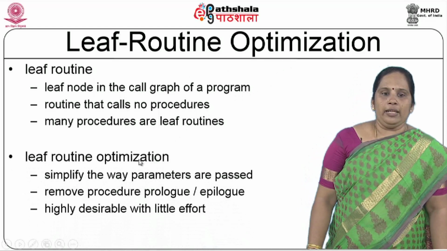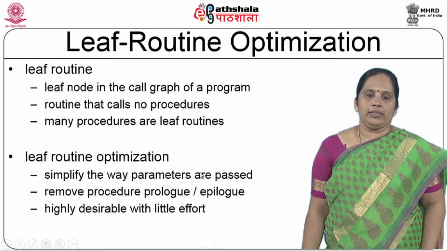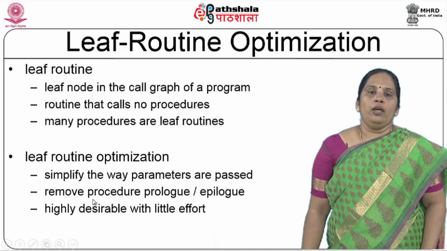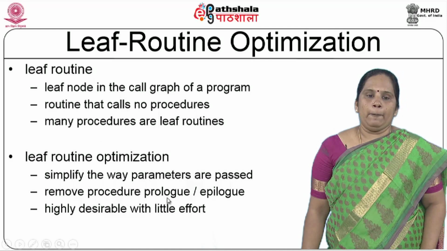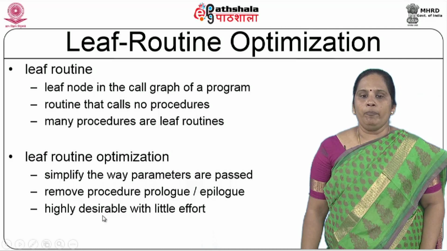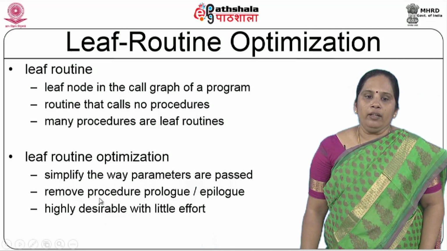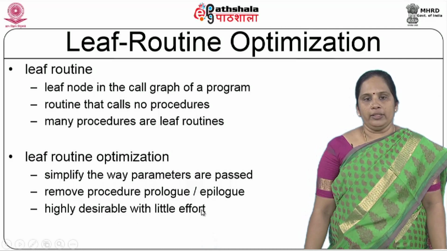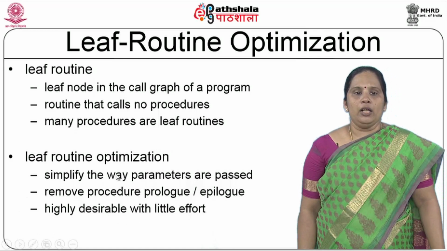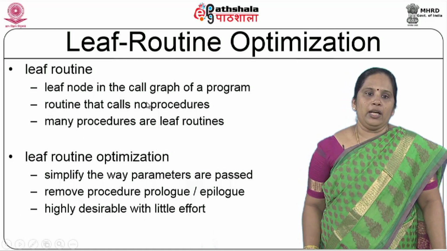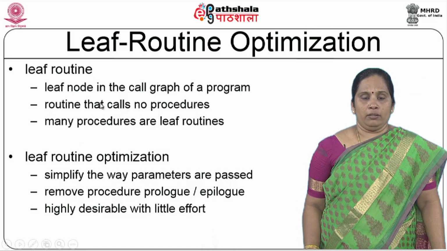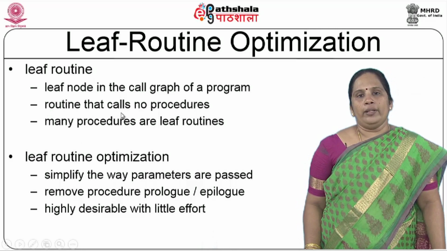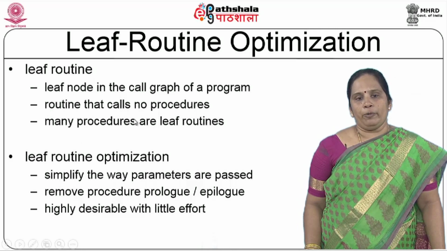To optimize the leaf routine, simplify the way parameters are passed. You remove the procedure prologue or epilogue, and it is done with very little effort. So, you identify the leaf routine, which is defined as one that does not call any procedure.